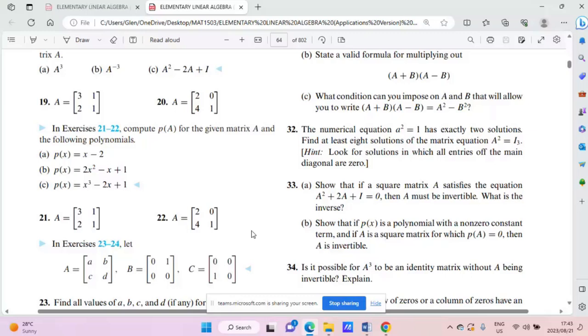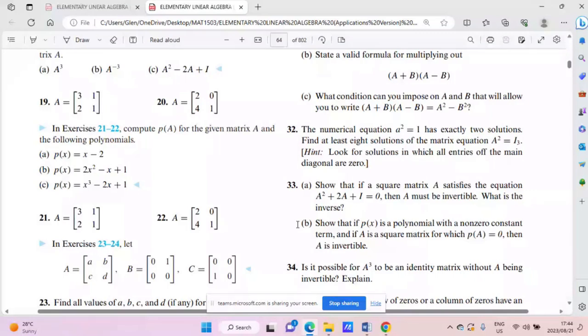Okay. Hey guys, if I'm talking a bit fast, please let me know. Here we were asked to compute A, where p of x is x minus 2. In the place of x, we substitute our matrix, which is 2, 0, 4, 1, minus 2. Remember, we cannot subtract matrices which do not have the same size. That is our starting point.